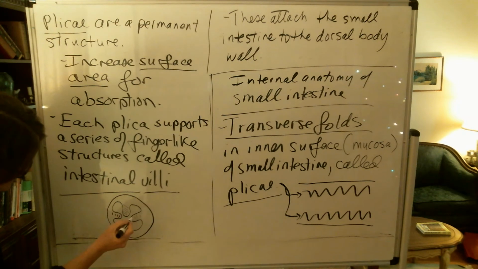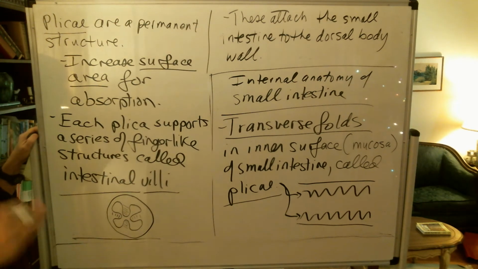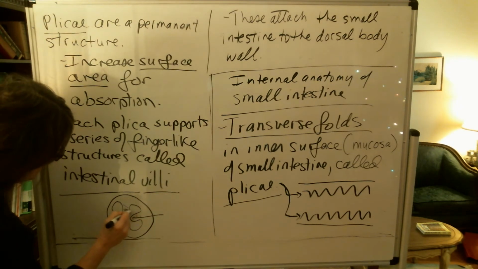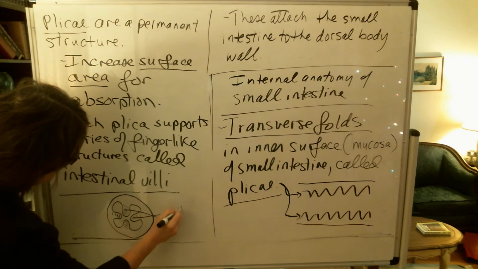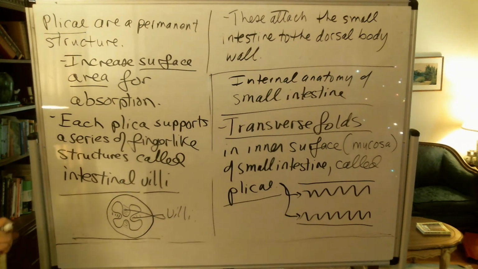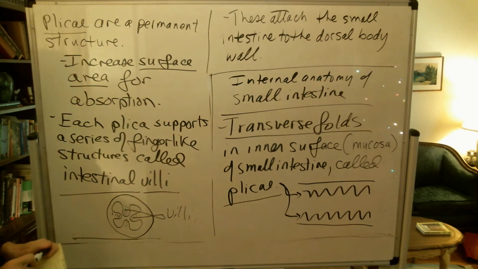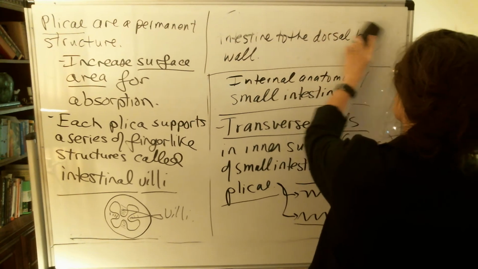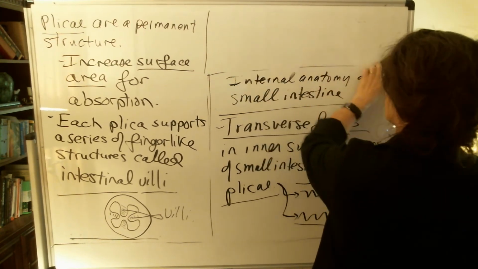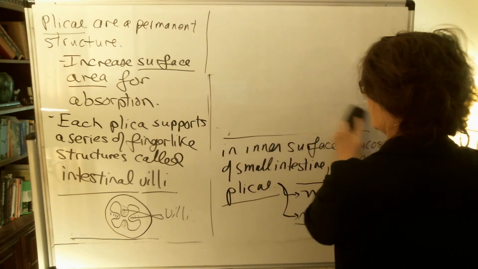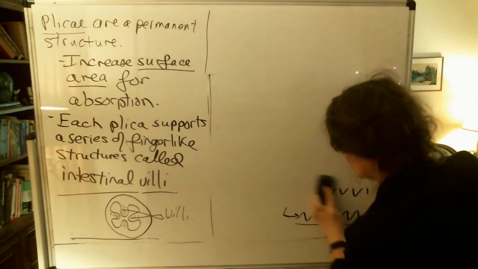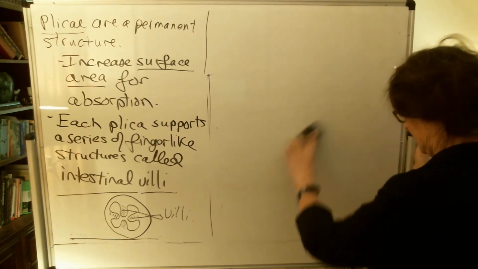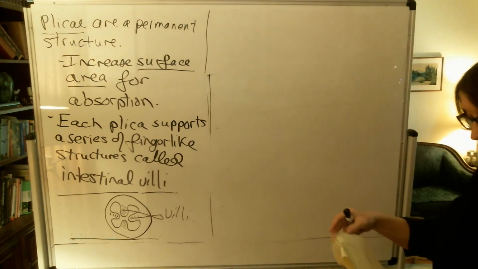So these things here that project into the small intestine, I'm not going to label the other two, but there they are, those are your intestinal villi. We're still not done. So those are your villi then.